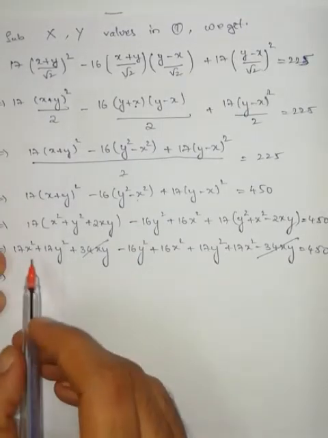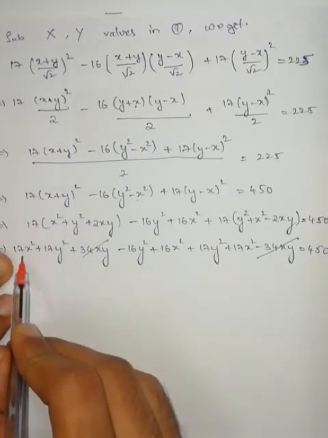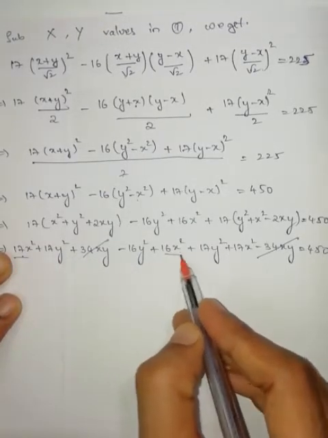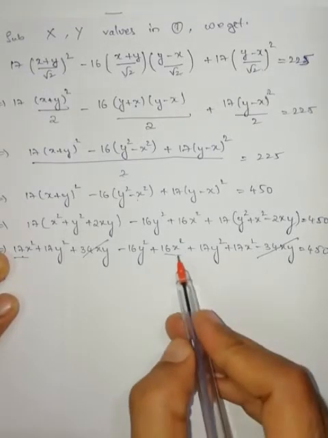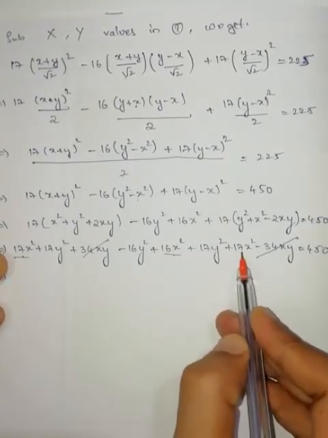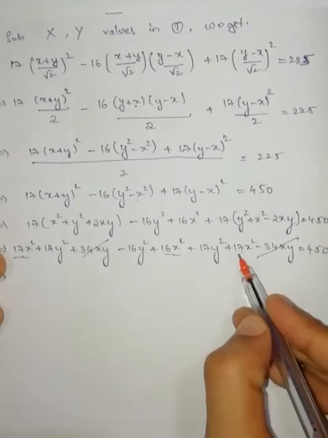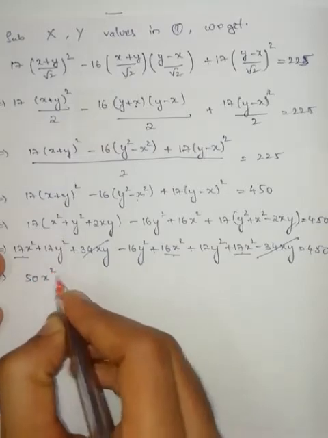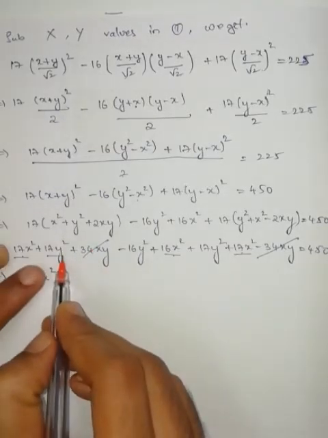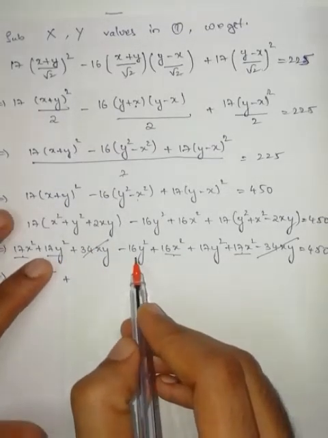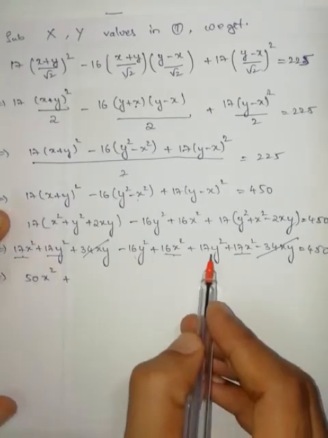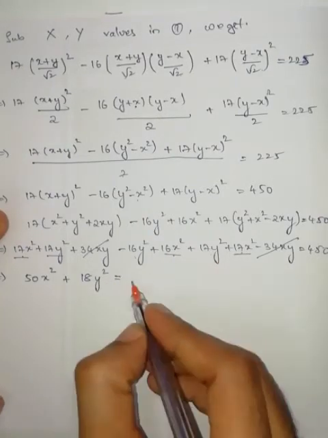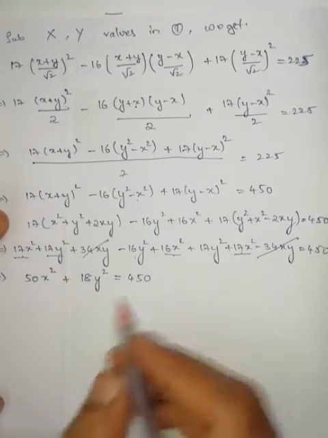Now first the x square terms: 17x² plus 16x² is 33x², plus 17x² is 50x². 17y² minus 16y² is 1y², plus 17y² is 18y², equal to 450.